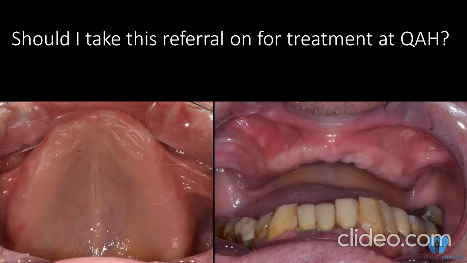From my point of view, looking at the technical aspect of it, we have got a nice flat palate on the right-hand side. You've got a nice U-shaped ridge, as you can see, covered with healthy mucosa, no denture stomatitis. We have got fairly nice size tuberosities with some undercuts on the left-hand side and the right-hand side.